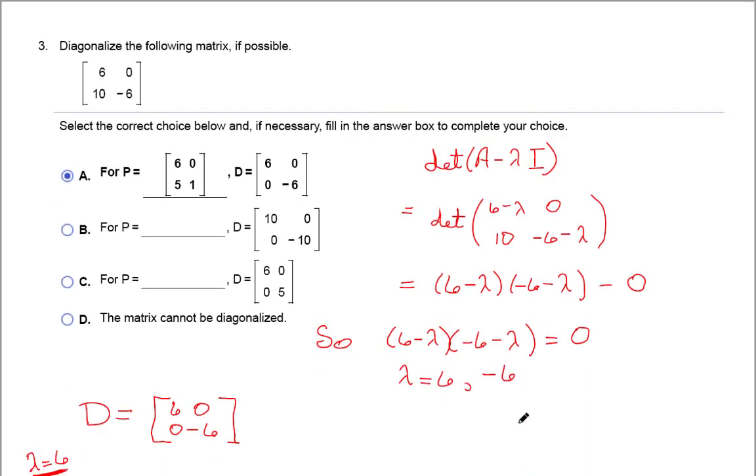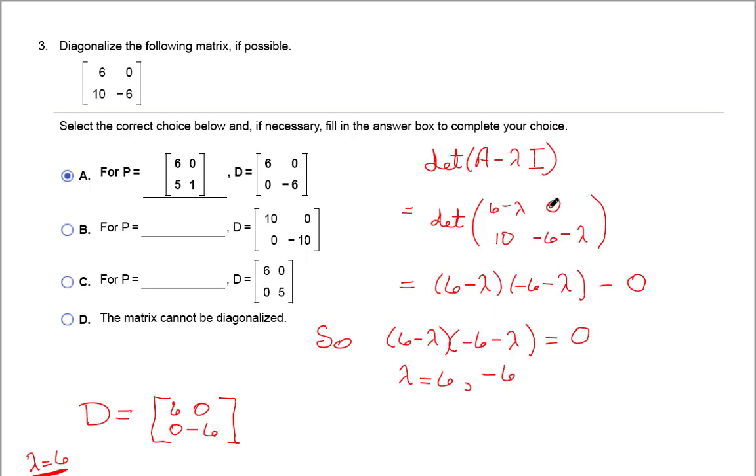In question 3, we want to diagonalize this matrix if possible. Alright, so first off, I need to figure out what are the eigenvalues of this matrix. So let's see, find the determinant. So 6 minus lambda times minus 6 minus lambda.